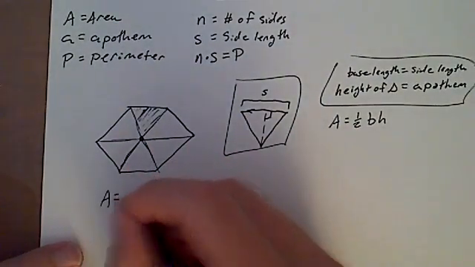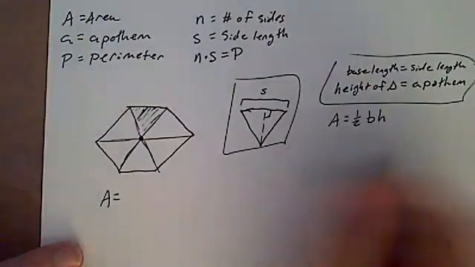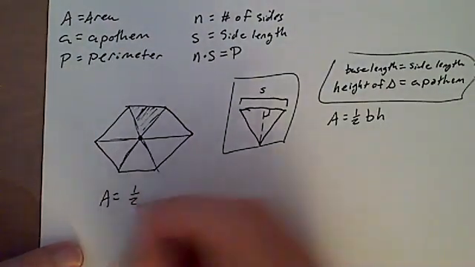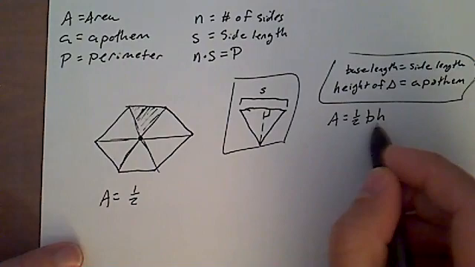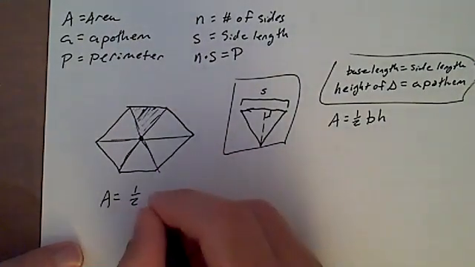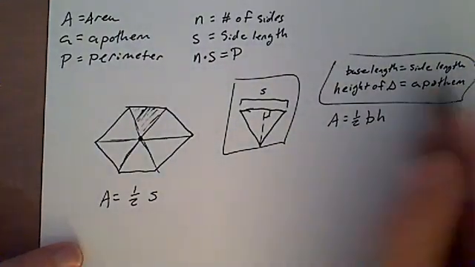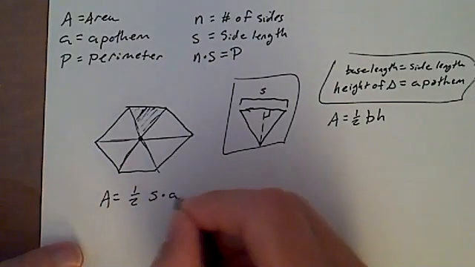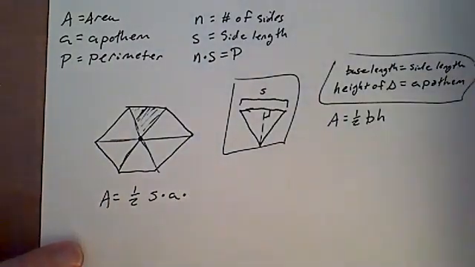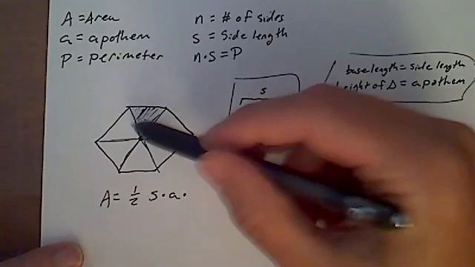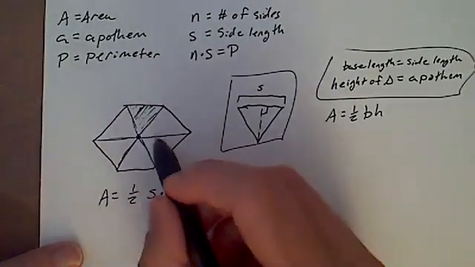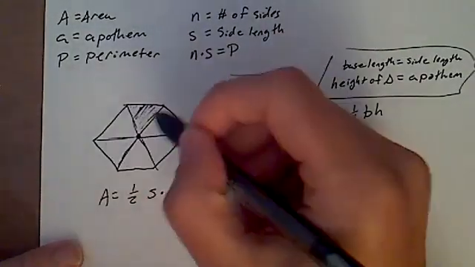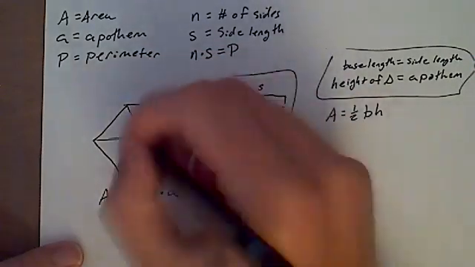So what's the area over here? Well, the area is, well, we have 1/2 the base, right? But that's actually the same thing as a side length, times the apothem, times, well, how many triangles we have. Well, we have 6 of them, but it's not just 6, right? This is a hexagon. It has 6 sides.